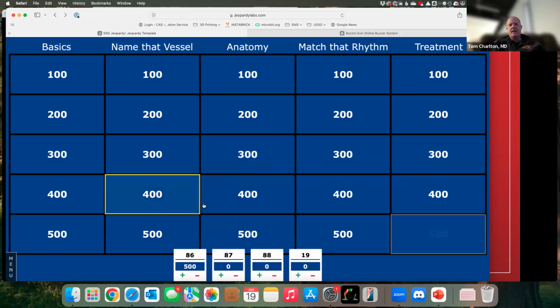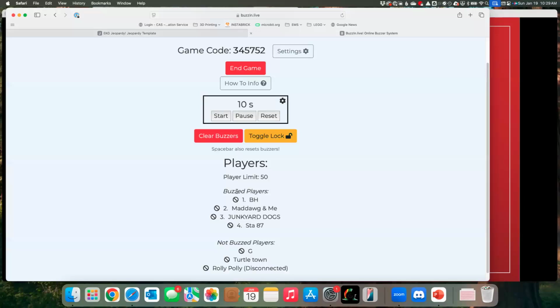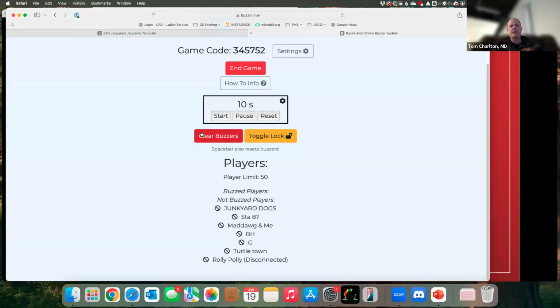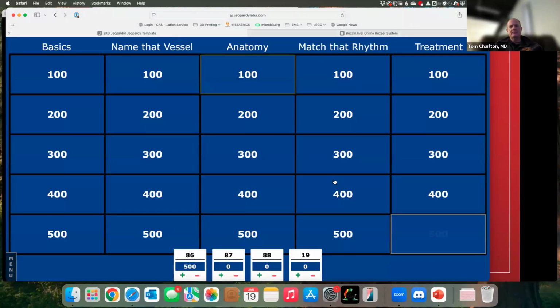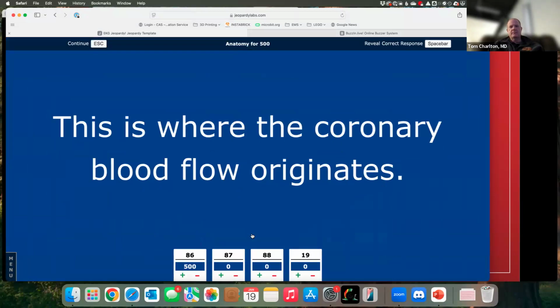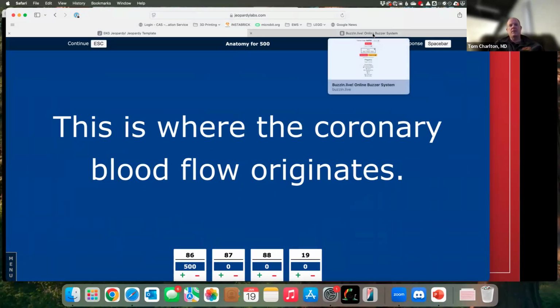All right, so 86s, you are up still. Anatomy 500. Anatomy for 500. Okay, I cleared it. Don't buzz in. This is where the coronary blood flow originates.